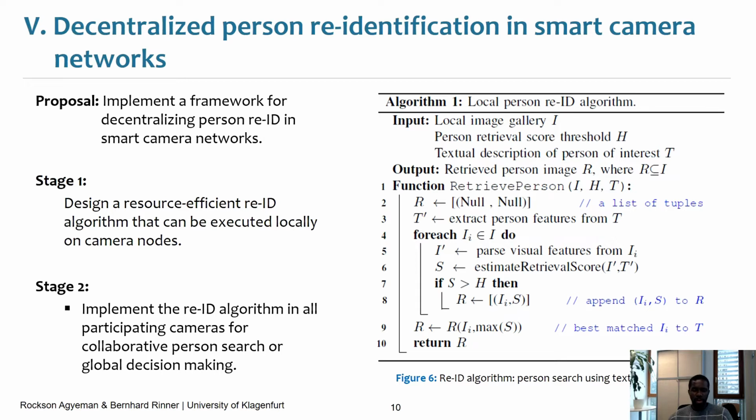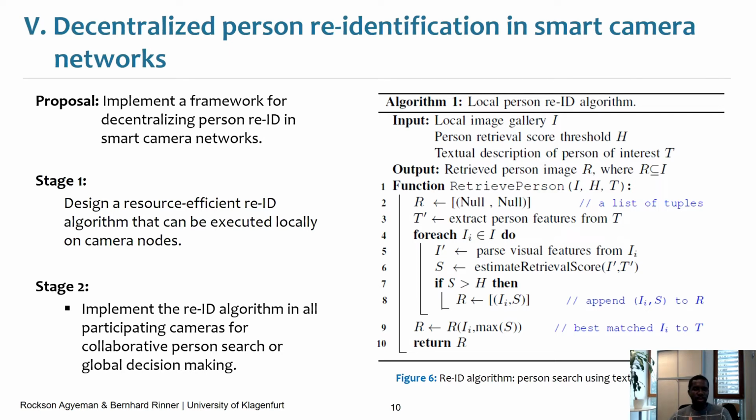To solve the problem of decentralizing person re-identification in camera networks, we propose a two-part framework, or a blueprint as it can also be referred to. Specifically, the concept of the framework aims at performing person re-identification locally on smart cameras and avoiding sending raw data to high-performance computing entities or cloud servers.